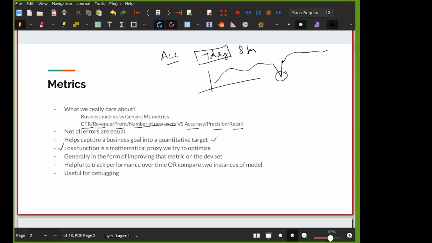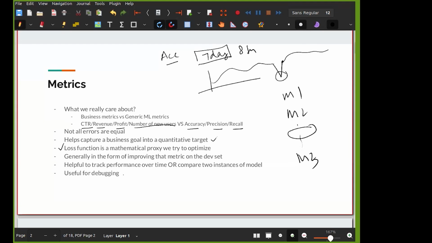And these kinds of issues show up if there's some issue in the system or some shift in the data behavior or something like that, right? So it helps us to track performance over time. Or let's say if I build model number one or model number two and so on, metrics help us decide which model is the best. And it's also useful for debugging.